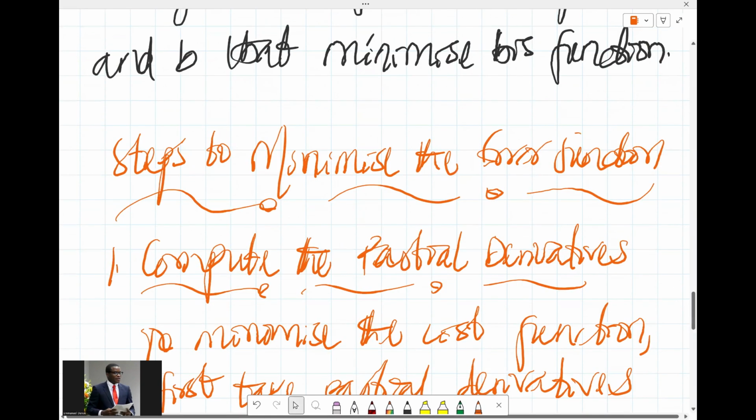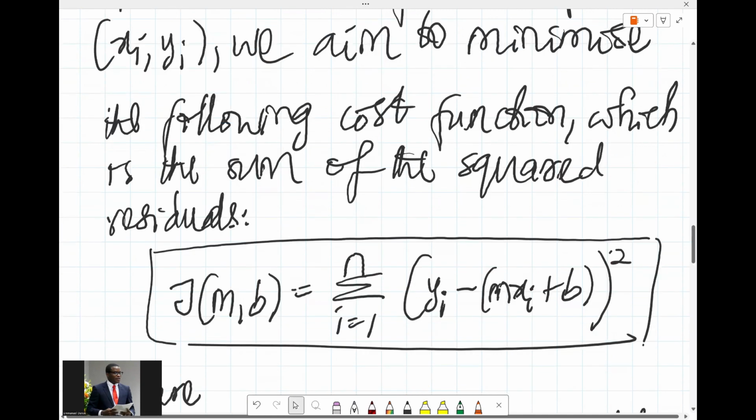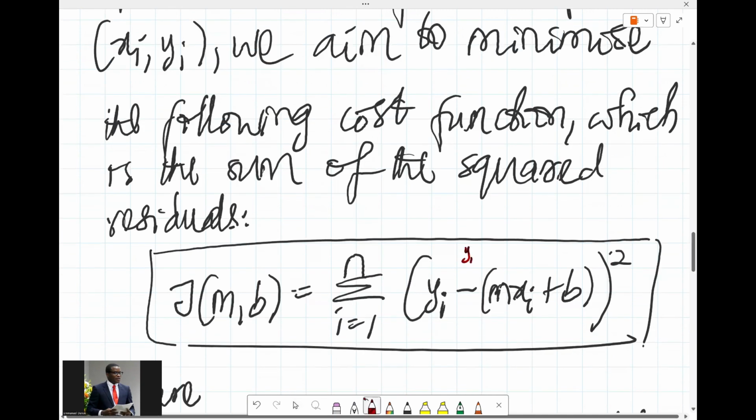Now our focus is on b. If you open this place up, it's more like you have yi minus mxi minus b. To differentiate now, again, bring down the power, then differentiate minus b with respect to itself. So you get minus 1. So that's why you're going to have minus 2.